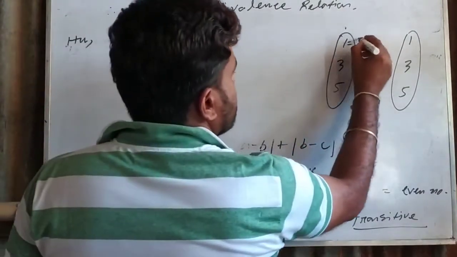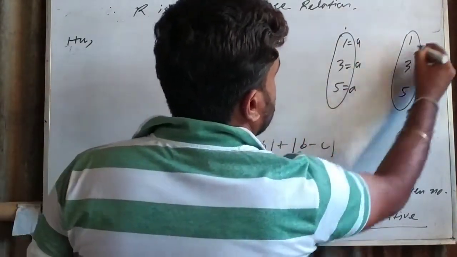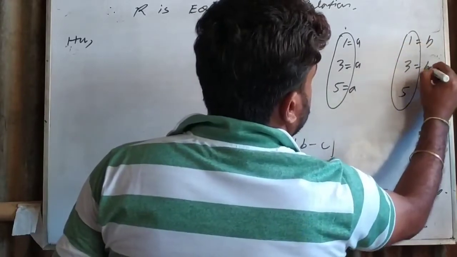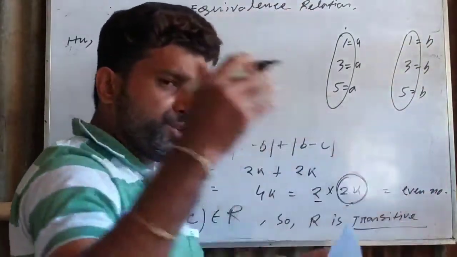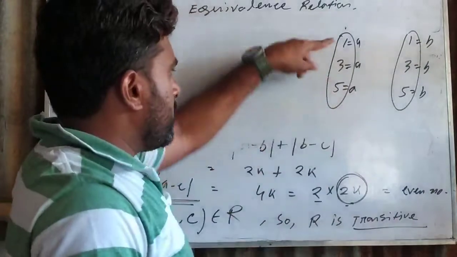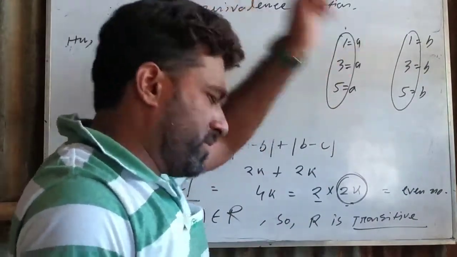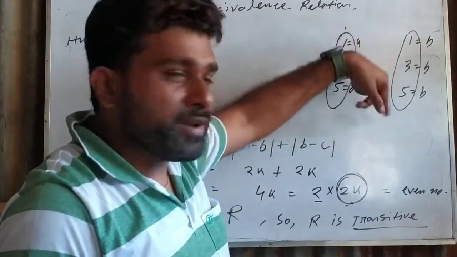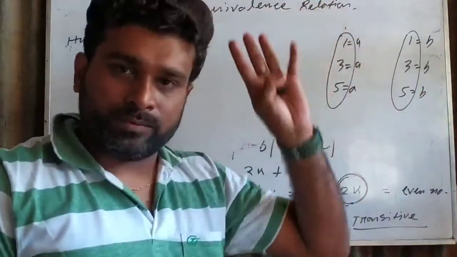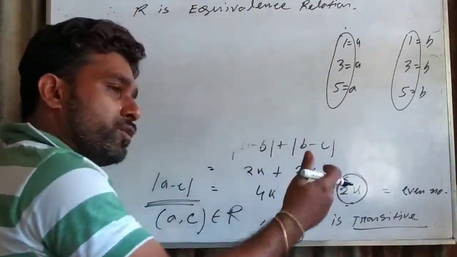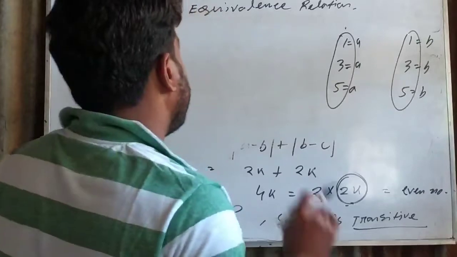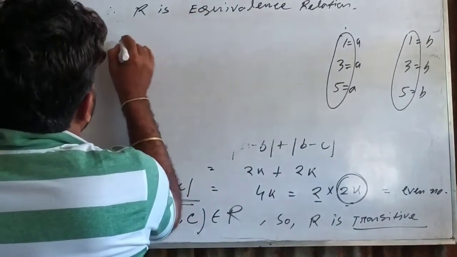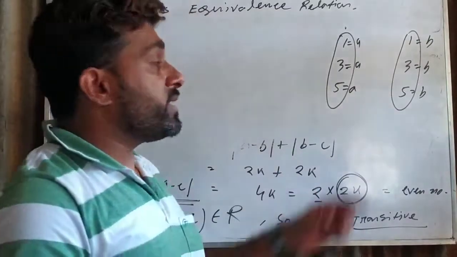Just you can see in the first set, these are the values of a, and these are the values of b. You can choose any value. Just choose any value in your mind, and then check whether it is even or not.